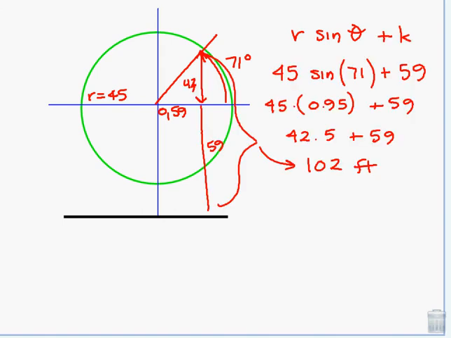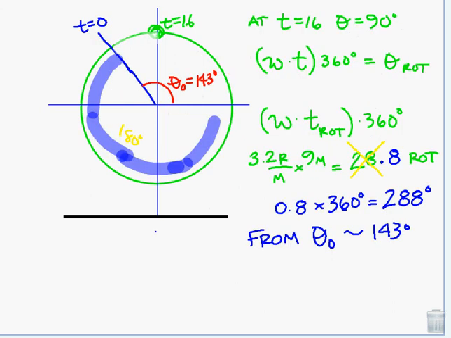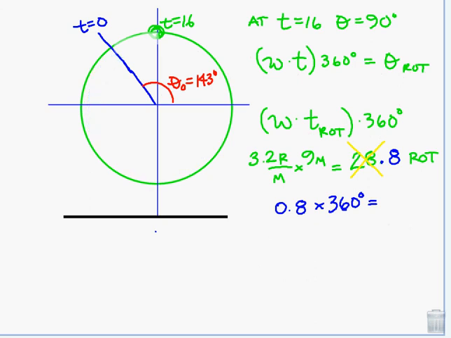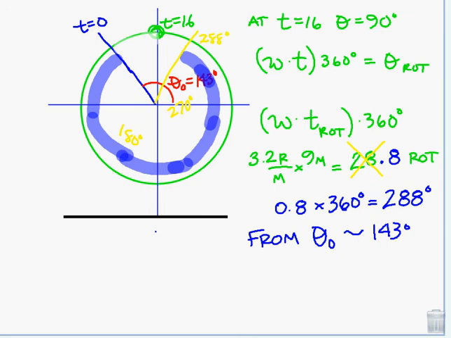So, simply put, we essentially found an original location, which was at time equals 0. We were at 143 degrees. Then I let the rotation spin for 9 minutes, which took me around 28.8 times, and that got me to right there.